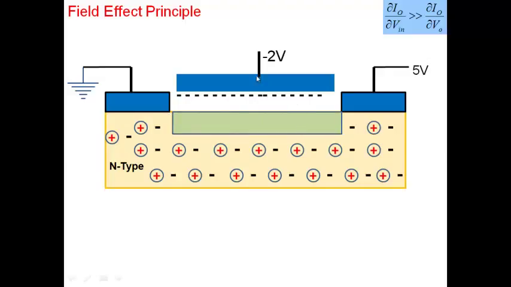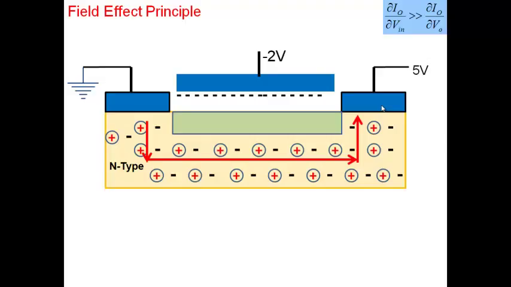Earlier, the current was flowing through this whole piece of semiconductor. Now it's flowing through a narrower part of the semiconductor. You can imagine that if the cross-sectional area becomes less, then my resistance is going to increase, and thereby the current flowing through this will alter.